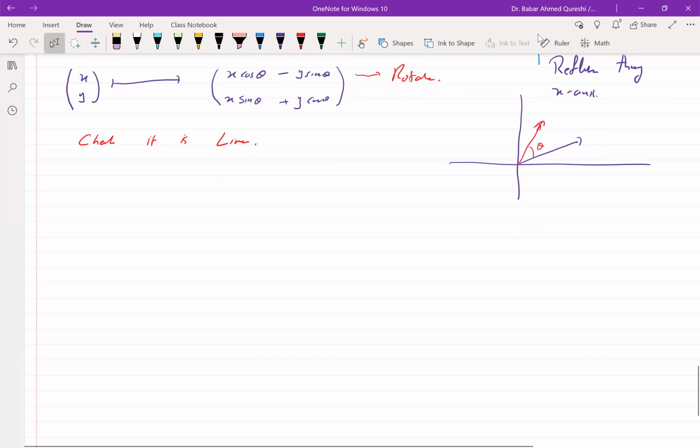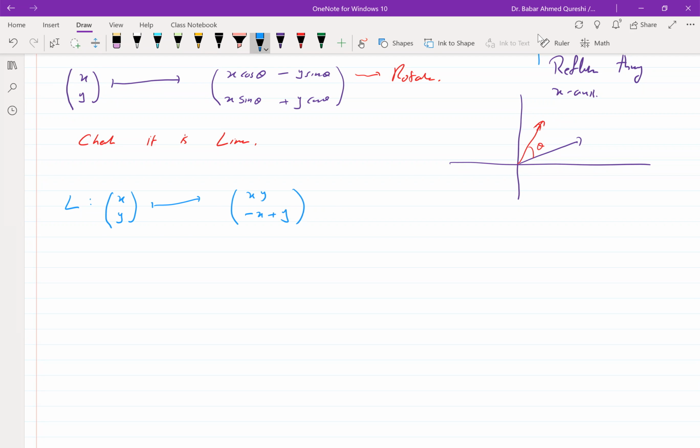Let me give you another example of a transformation which is not linear. An operator on this vector space which is not linear. It takes this arbitrary vector to this one.